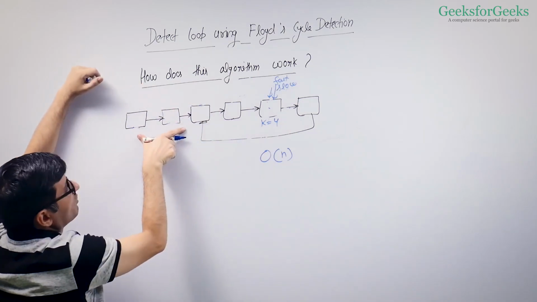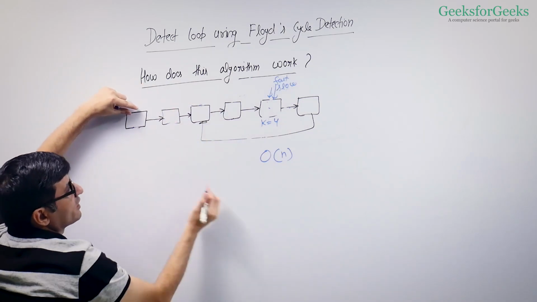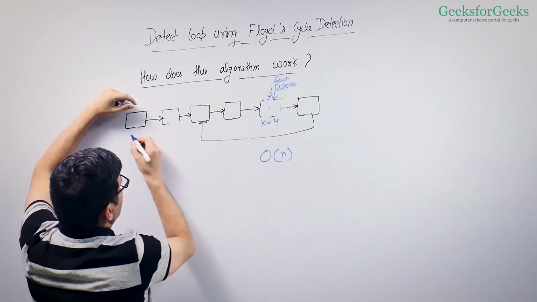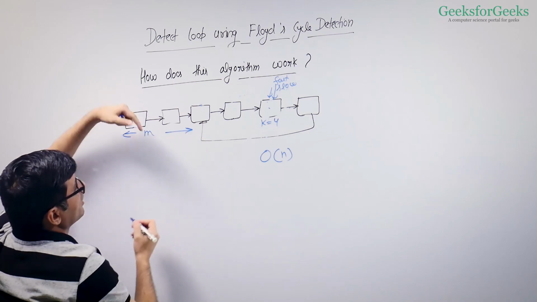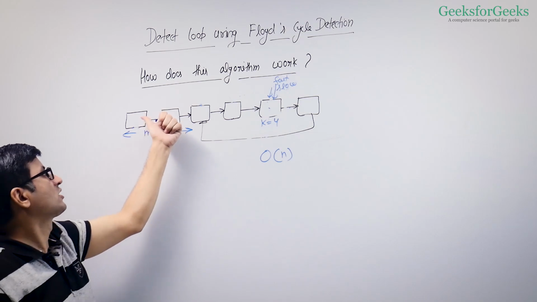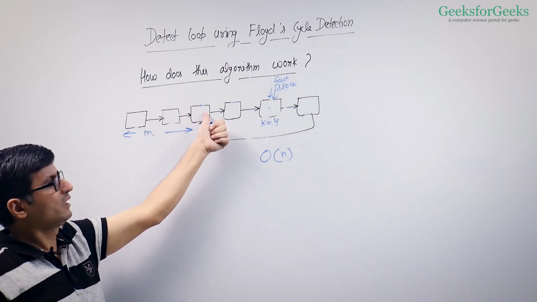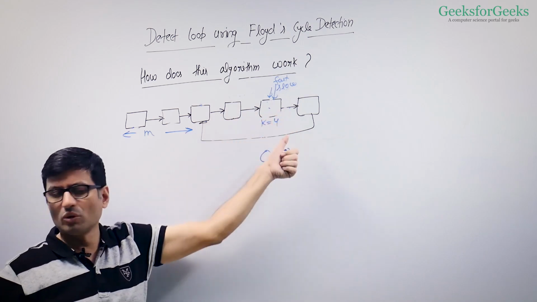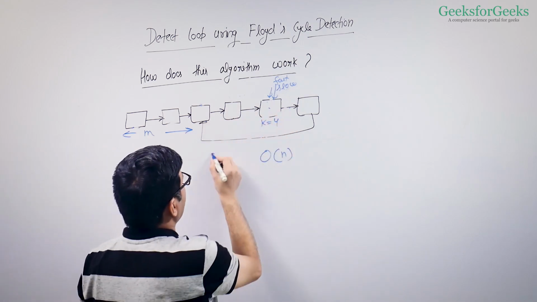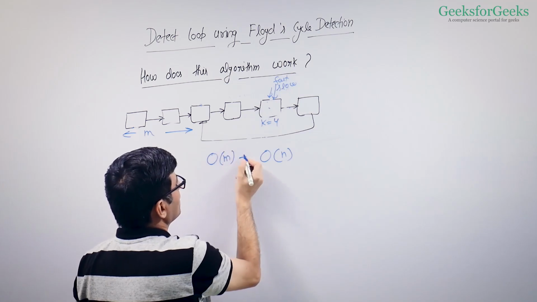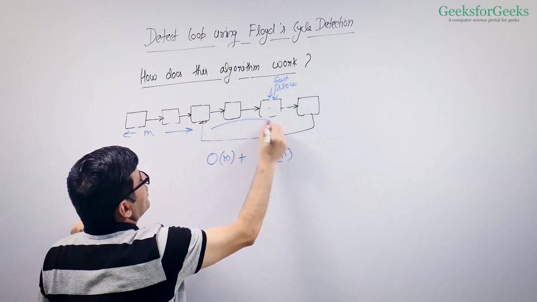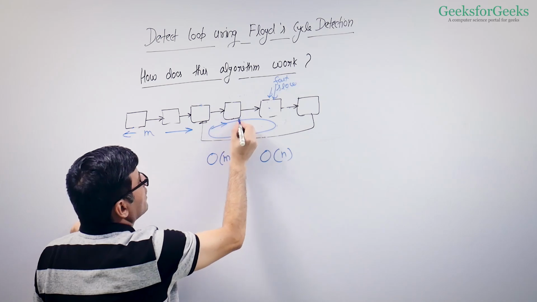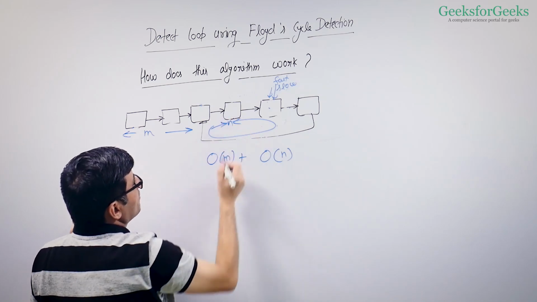And say there are m nodes here before it enters the loop. Slow goes 1 by 1 to here and then big O of n. So it will be big O of m plus n, where m is this length and n is the length of the loop.